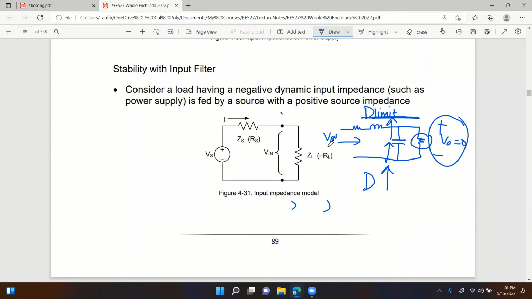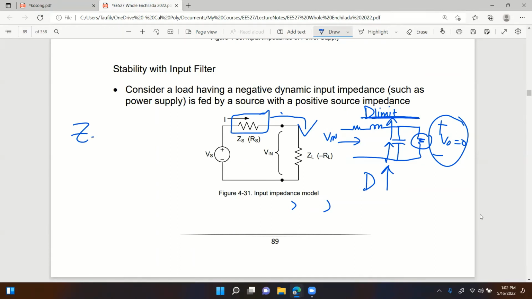So I hope you understand the problem first, though. Are there any questions on this? So this problem occurs if the source impedance here is higher than the input impedance of the power supply, right?